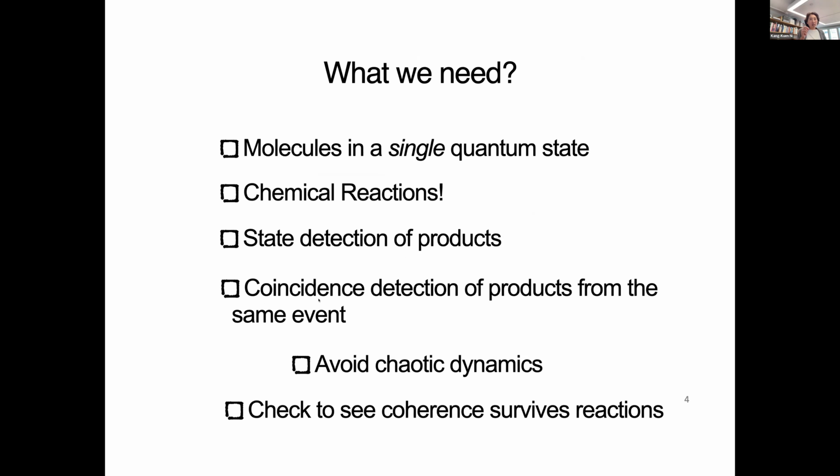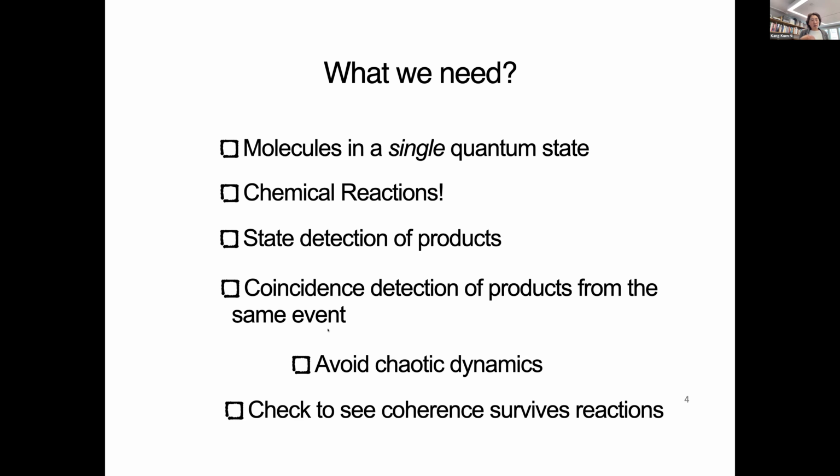actually need coincident detection of the products so that the products are coming from a single chemical reaction event, to allow us to tease out unusual quantum correlation as opposed to being washed out by ensemble average.